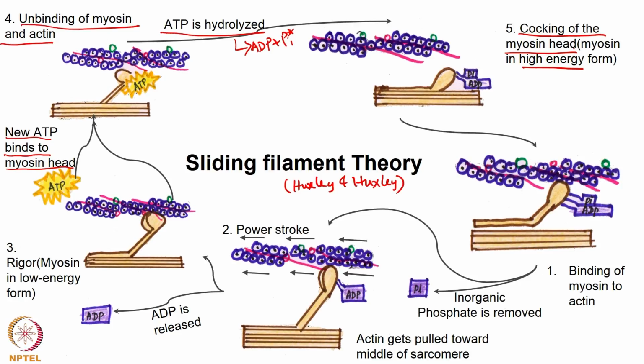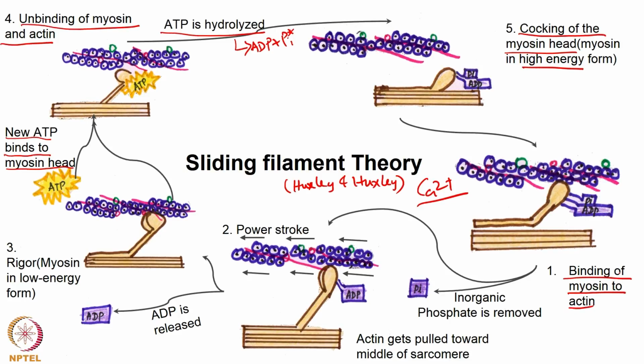Now, when calcium comes into the picture, the binding sites on the actin are exposed, then myosin binds to actin. Essentially what happens is, initially in the high energy form, a small region of the binding site is exposed.